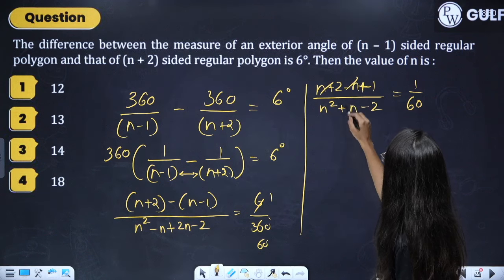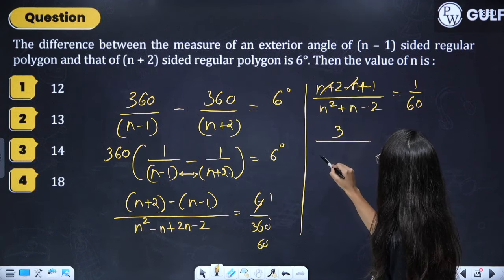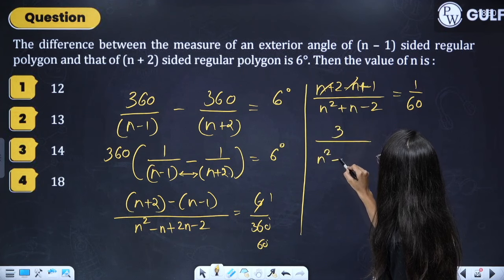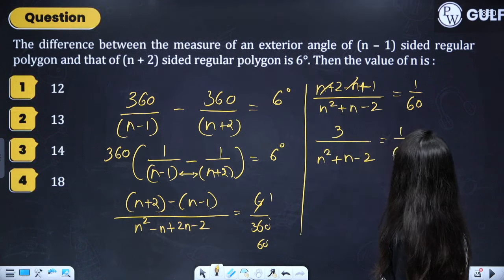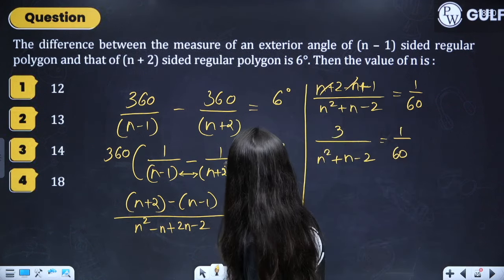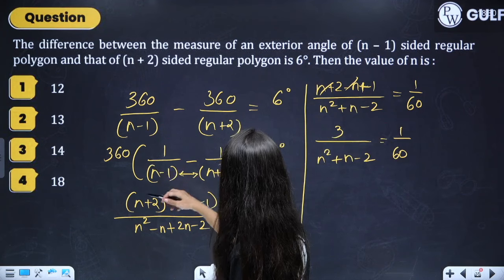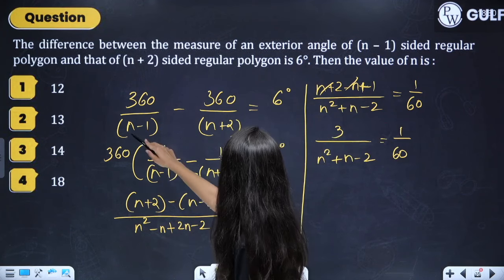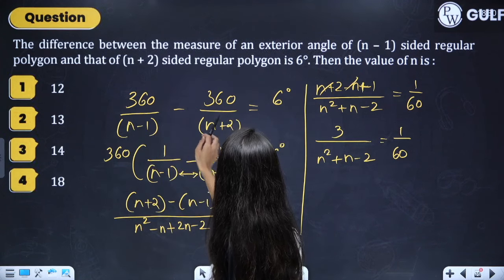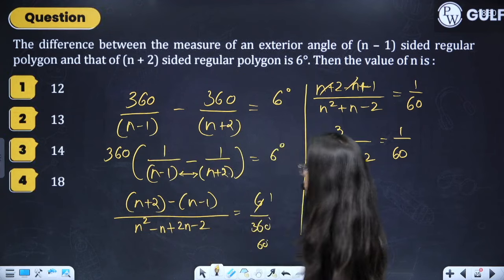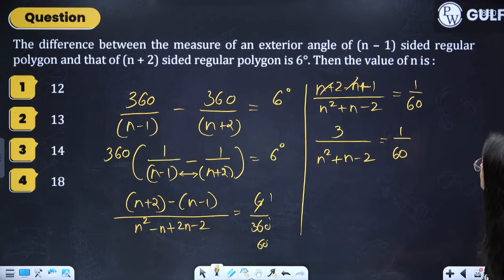What am I getting over here is 3 by square equals to. Let's cross verify once again. Plus 2n minus square 2n 11. Okay, done.